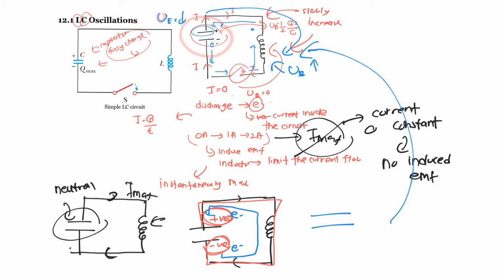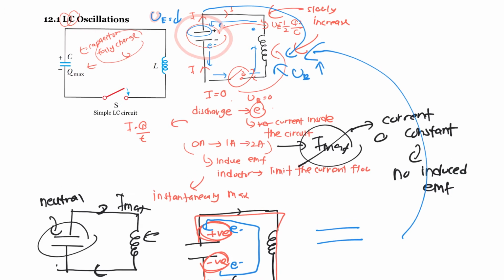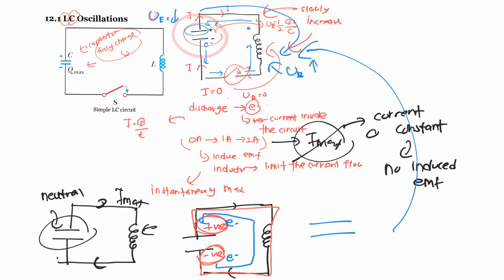Before this, the upper plate is positive and the bottom plate is negative. But now, because electrons flow from the bottom plate to the upper plate, when the capacitor is fully charged, this one becomes the negative terminal and this one becomes the positive terminal, because electrons leave the bottom plate, leaving it positive, and accumulate at the upper plate, making it more negative.